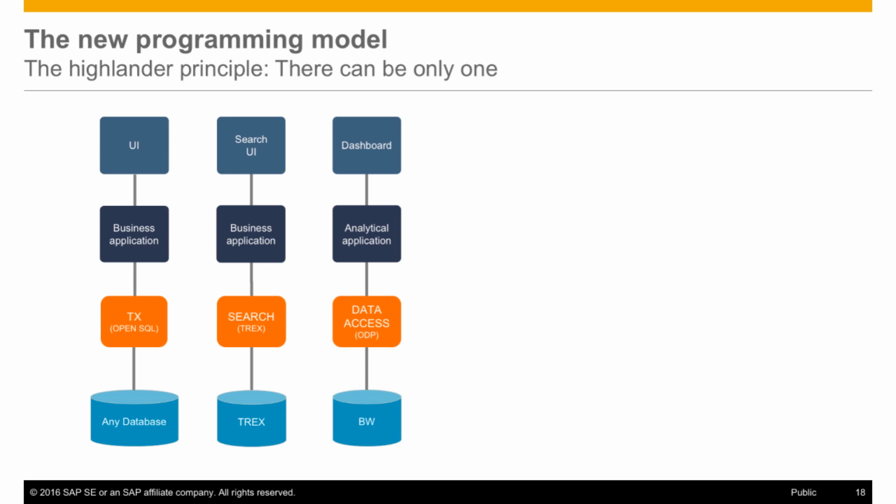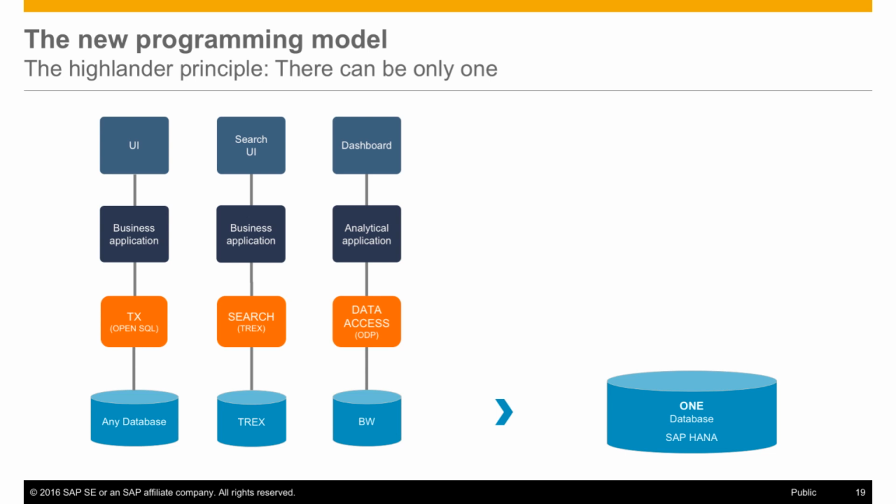We replicate aggregated data into the BW database, and then we can perform analytical requests based on that. And we have a dashboard or applications on top. But now with HANA everything gets better. We have a single database where we can do OLTP and OLAP accesses. So we just have one database and everything is in there.